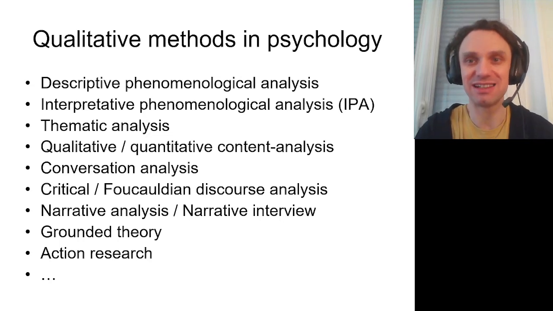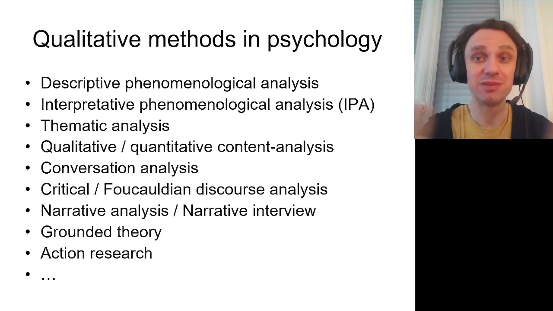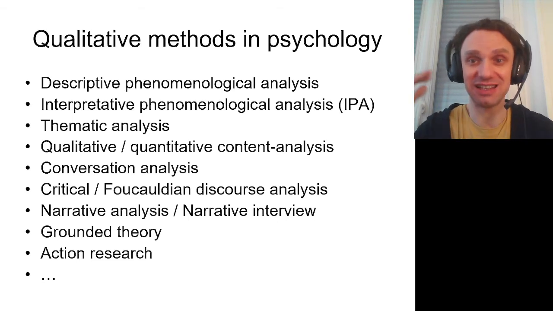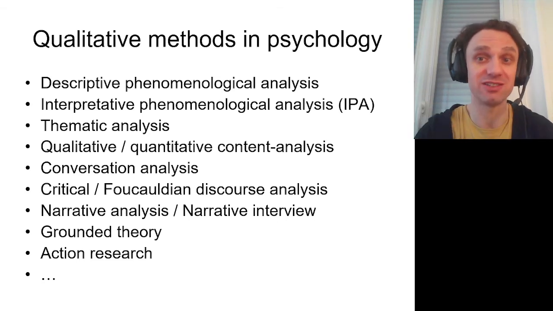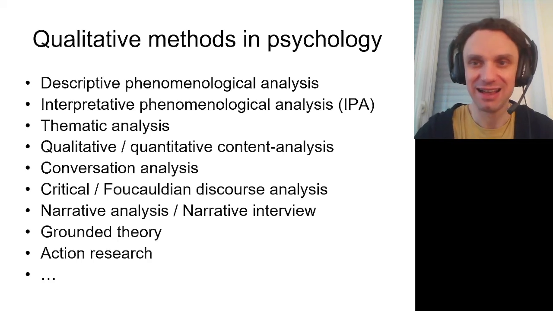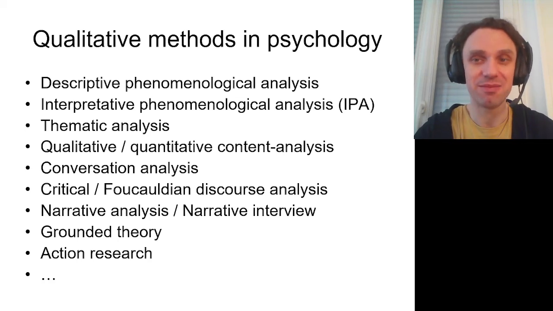So when you say, I conducted my IPA based on Smith and Osborne, there will be no questions because everyone will understand what kind of steps you followed, because these steps have been described and published somewhere. And we'll just explore some of the most handy methods that are most likely to be useful for you. But then again, don't be afraid to explore the other ones.